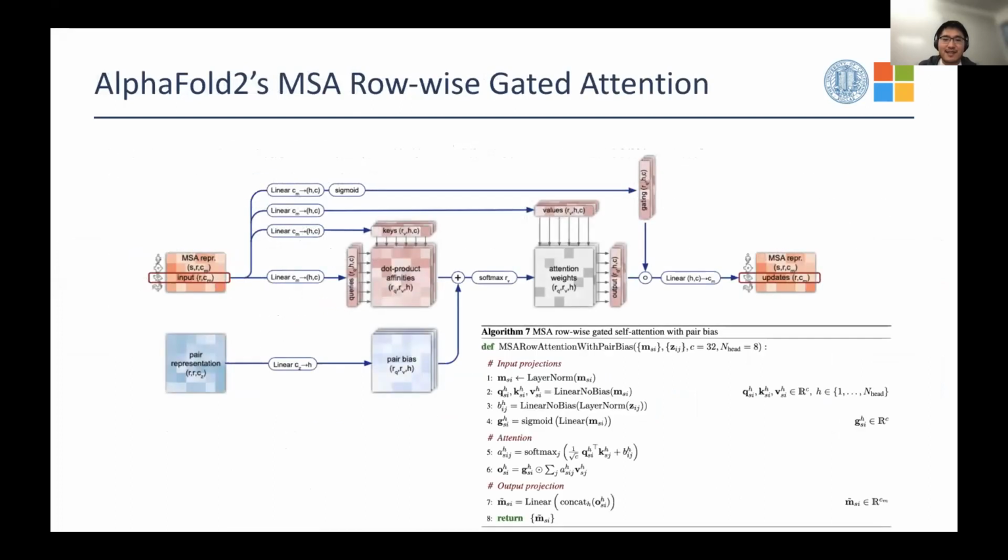As for why they designed a row-wise gated attention, they probably tried a lot of other, simpler or even more complex models, but I feel like this is the way, with the pair biases added.